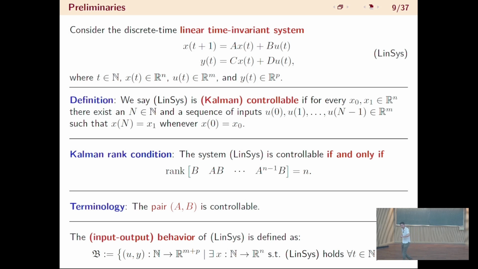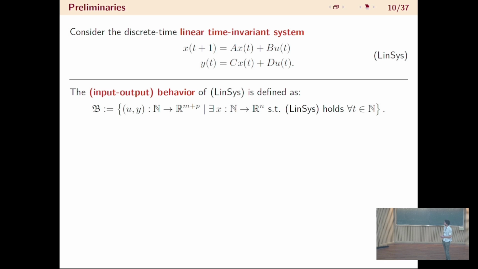Again, m is the number of inputs, p is the number of outputs, for which there exists some state trajectory of the system such that the equations of our system are satisfied for all t. And so the input-output behavior again contains all input-output trajectories that this linear system can produce.